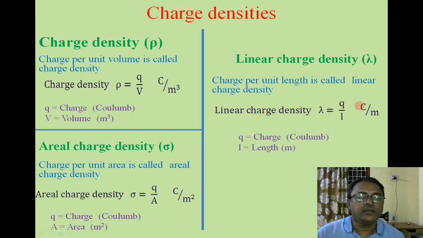The charge has a unit equal to coulomb, and meter is the unit for length, and coulomb per meter is the unit of linear charge density. Here Q is the charge and L is the length of the linear body. And this is about different charge densities. One is charge density, another one is surface charge density or areal charge density, and the third one is linear charge density.